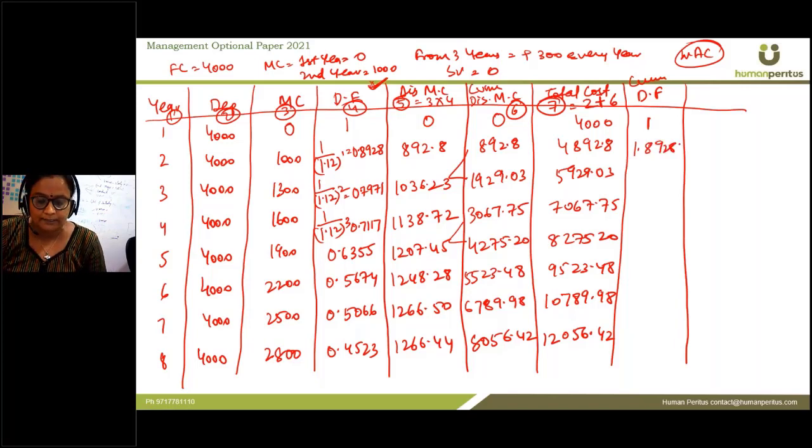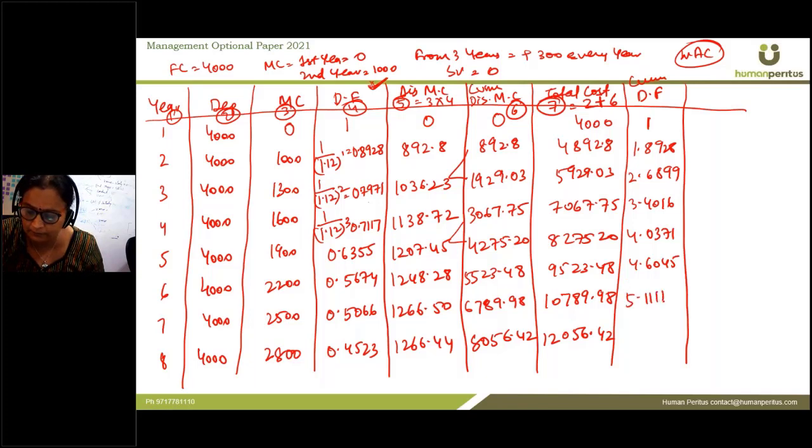Similarly, 1.8928 added to 0.7971 gives me 2.6899. 2.6899 added to the fourth year discount factor 0.7117 gives me 3.4016. Then I'll be getting 4.0371 and so on. 4.6045, 5.1111 and then 5.5634. The last task in such questions is to obtain weighted average cost.